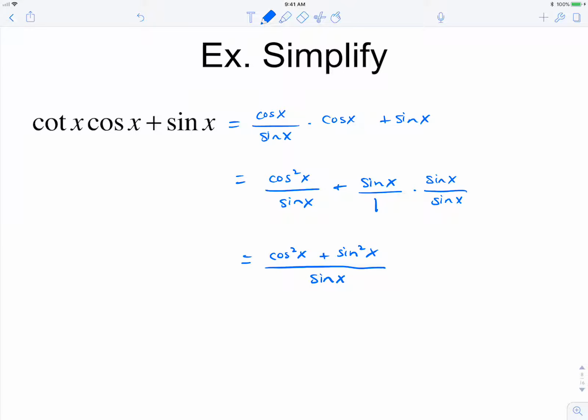And then we see that cosine squared plus sine squared is actually just 1. So we have 1 over sine, which is just cosecant. So that complicated trig expression is actually just equal to cosecant.